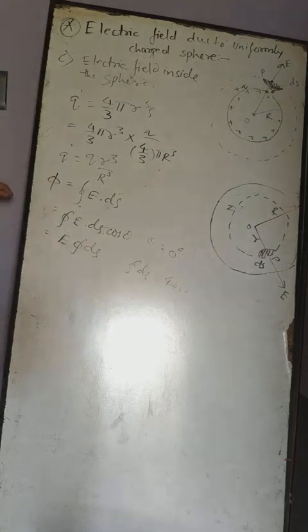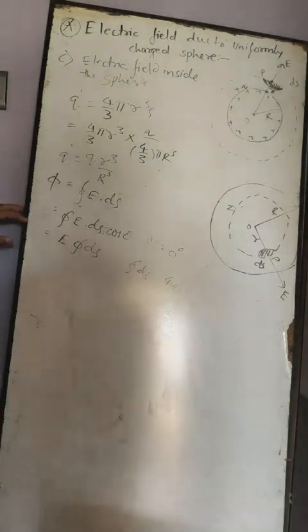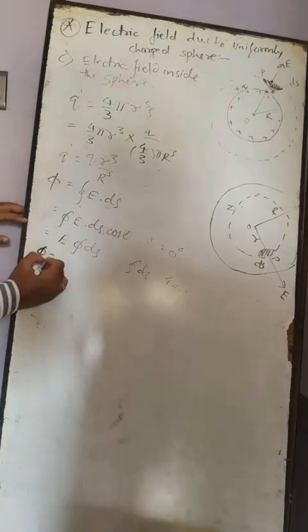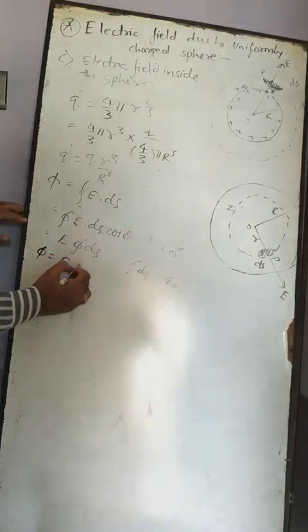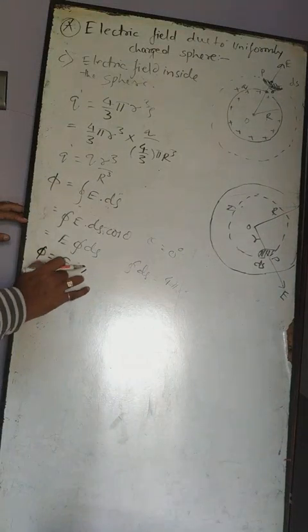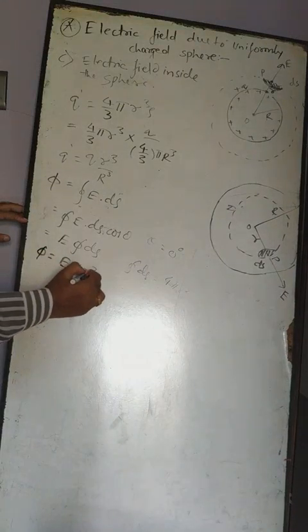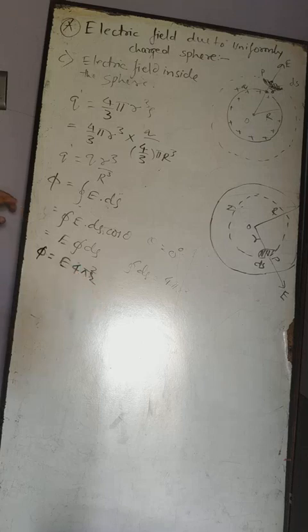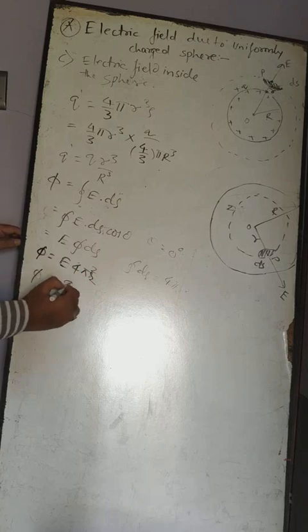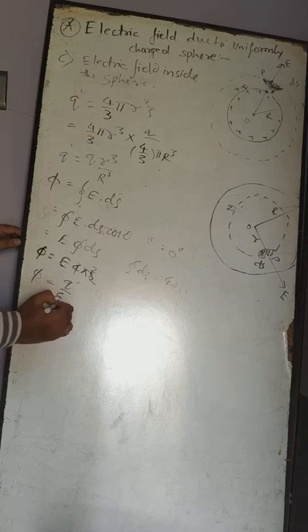So finally phi is equal to E into 4 pi r square. Now according to Gauss theorem, phi is equal to Q dash divided by epsilon naught.